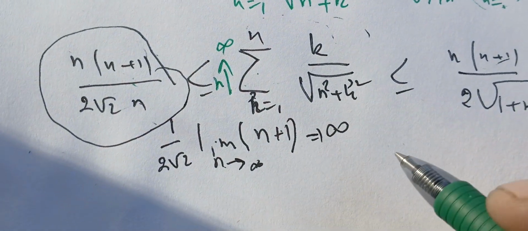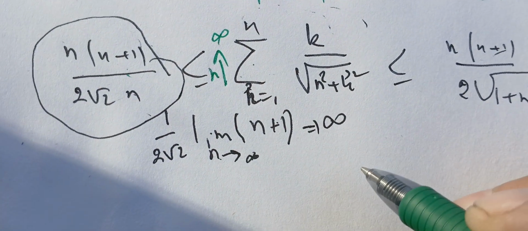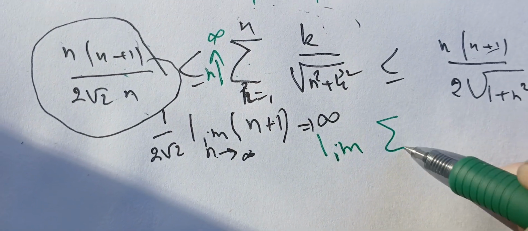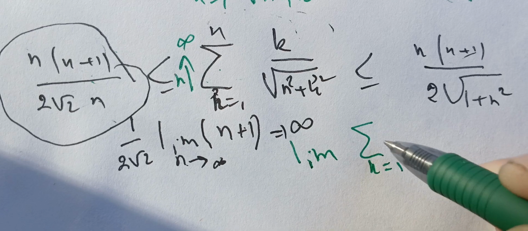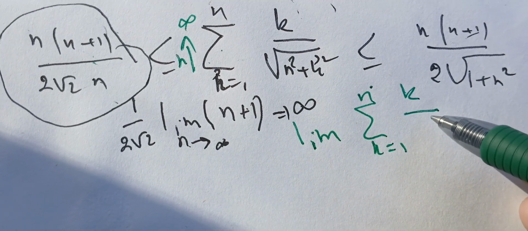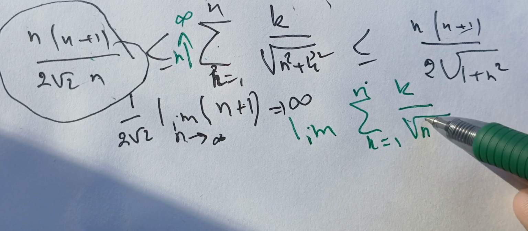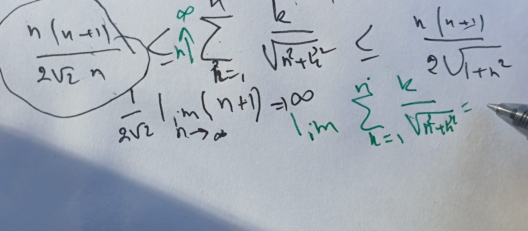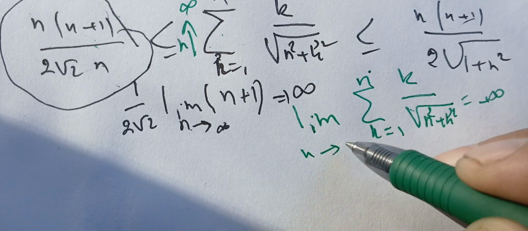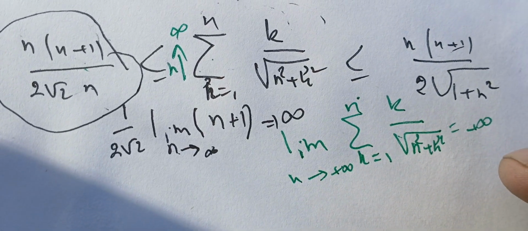Therefore I conclude that the limit of this sum, k going from 1 to n of k over the square root of n squared plus k squared, is infinity. And this ends the question.